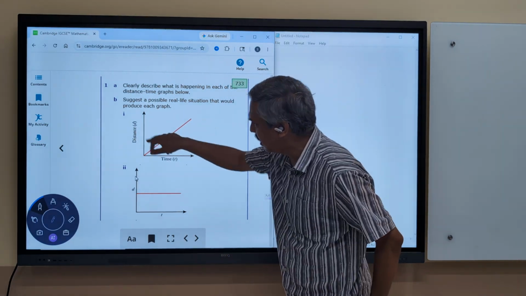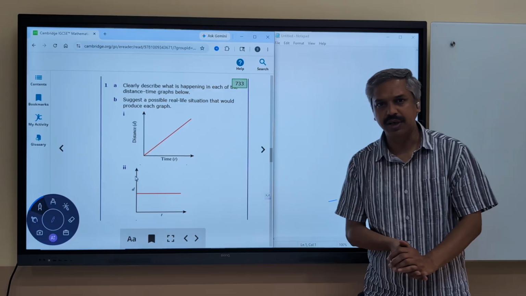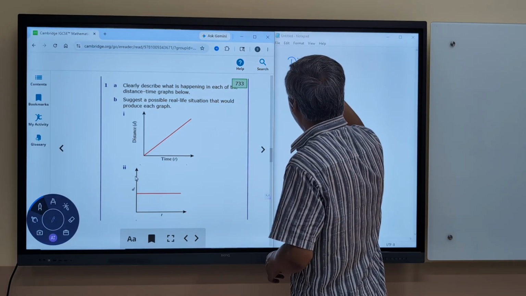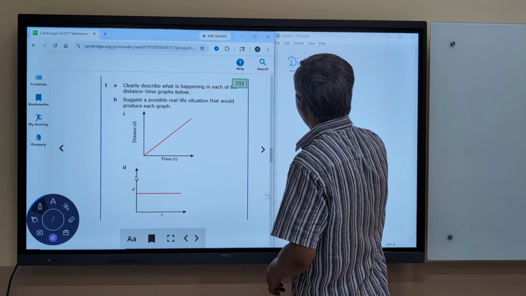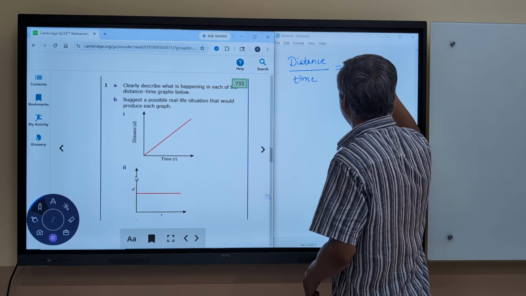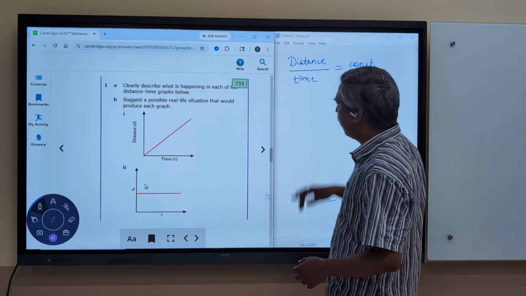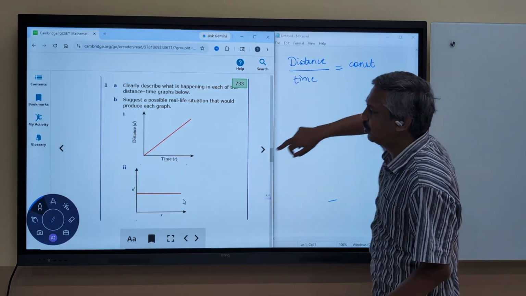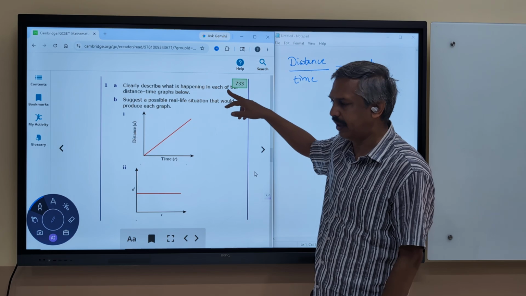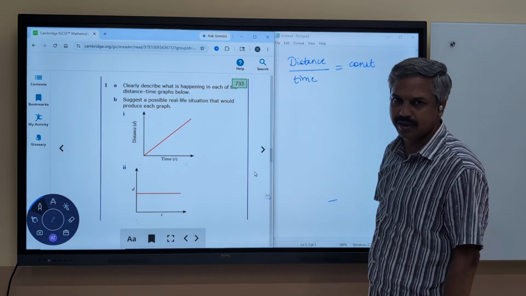It means that distance and time are proportional to each other, which means that distance upon time must be constant. And if distance upon time is constant, that is when the graph comes out to be a straight line, because the speed is always constant in that case. Distance upon time is speed.